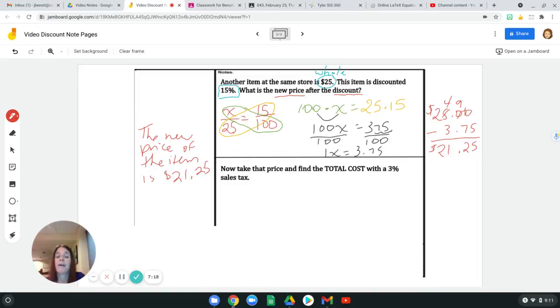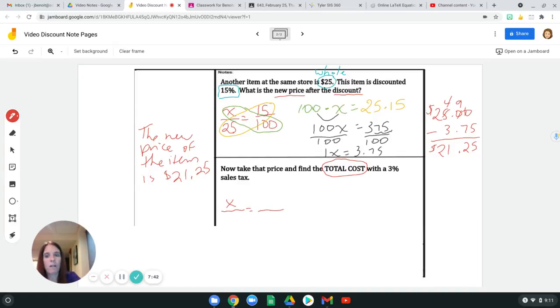But that's the price before you take it up to the register and they charge you that tax. So now let's take that price and find the total cost with a 3% sales tax. Let's calculate the tax. You know how to do that from the last lesson. Taxes are part.